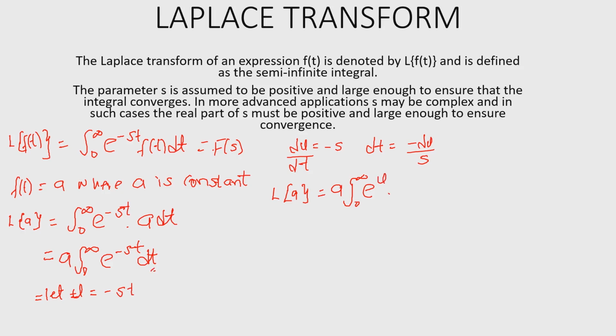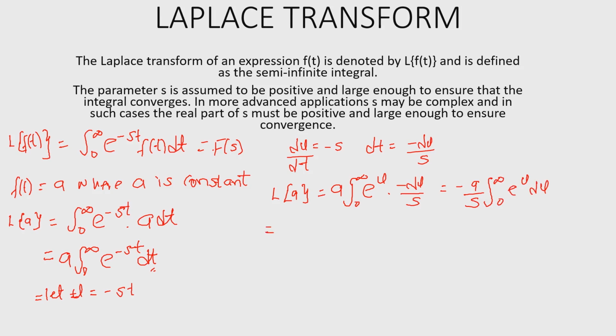Your dt now will be minus du over s, isn't it? So at this point, you are going to take out the constant. You notice that this s is a constant, you're also taking out this minus, so it's going to be minus a over s, then integral of e raised to the power of u du.